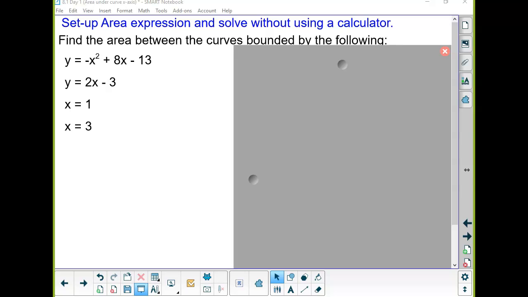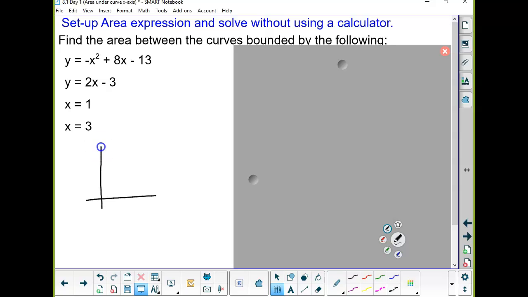Okay, so here's what I would do. And I have a much better graph, but if I were you, I would draw a rough sketch that looks like this. And I would say, okay, well, what do we know? When x is 1 and x is 3, those are kind of my bounds right now.